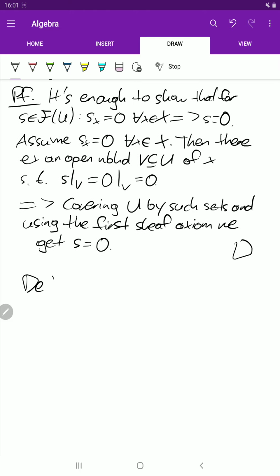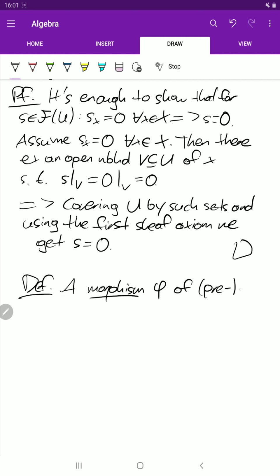Now let's define a morphism of presheaves. A morphism phi of presheaves.